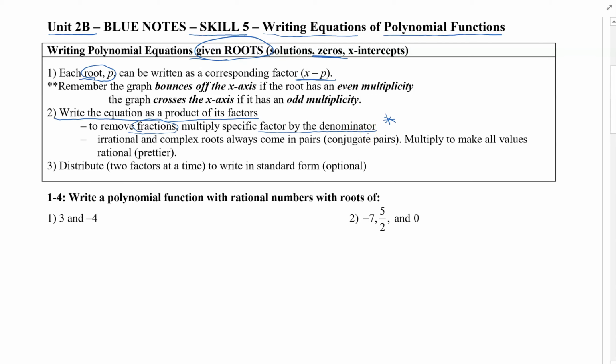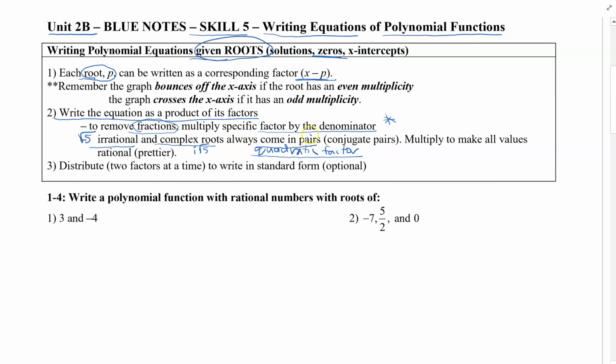Any roots that happen to be irrational or complex, first of all, we have to understand that they come in pairs because they come from quadratic factors. So we're going to have to make a note of that. And so anytime we have an irrational root, which is something like the square root of a non-perfect square, like square root of 5, or a complex root, that would be anything that has an i in it, like i square root 5, those came from quadratic factors because they came from having square rooted two sides of an equation.